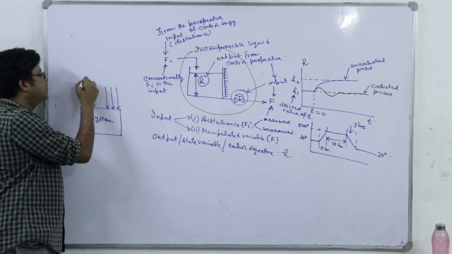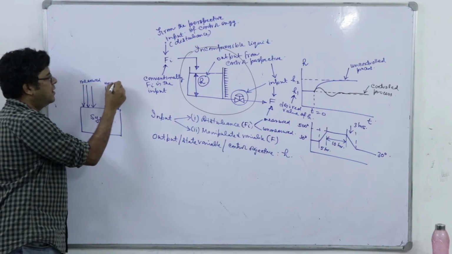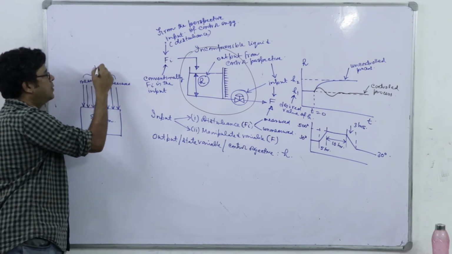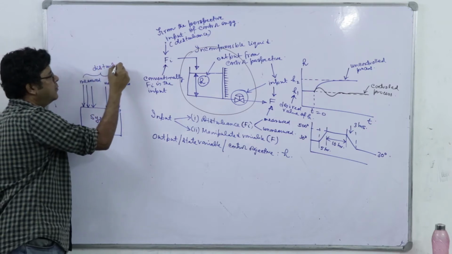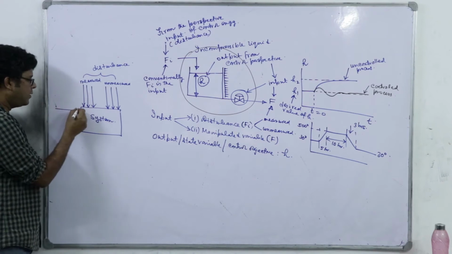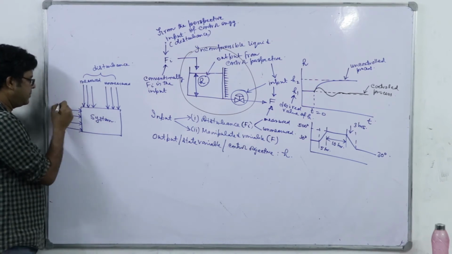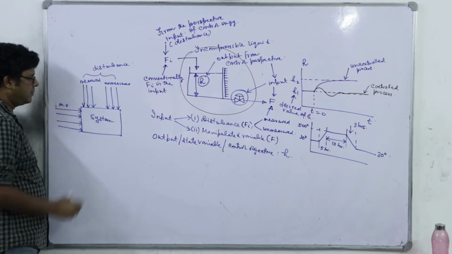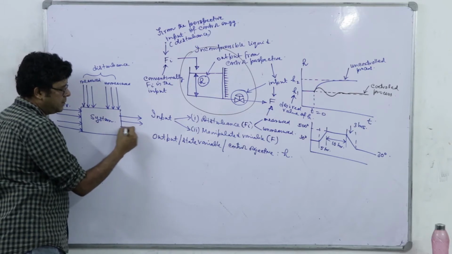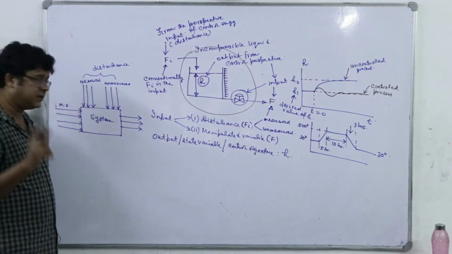So this is, say, measured, this is unmeasured, and this is the group of input variables we refer to as disturbance. And here we will have the manipulated variable, MV, right?